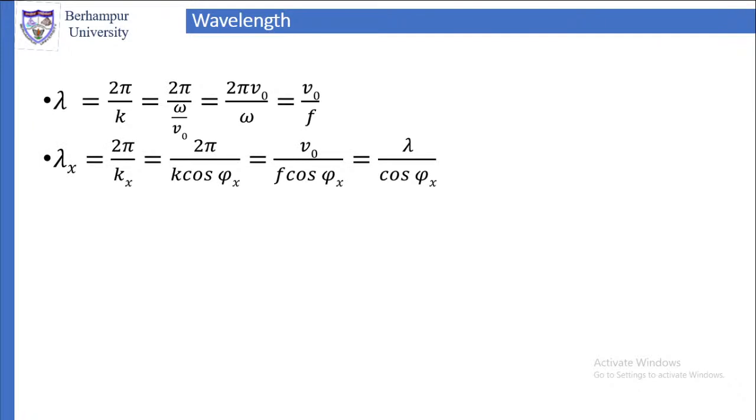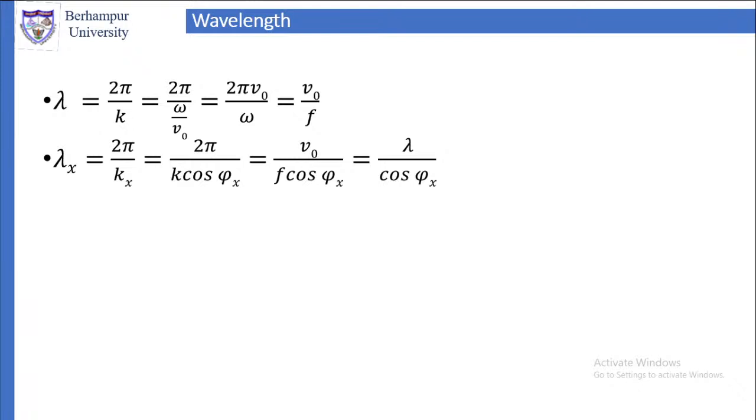Now, how can we find the components of lambda along the axes? Lambda x will be 2 pi by kx, that is 2 pi by k cos Px.